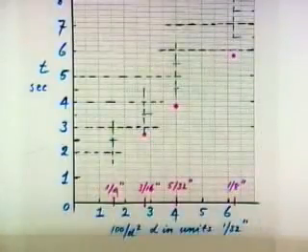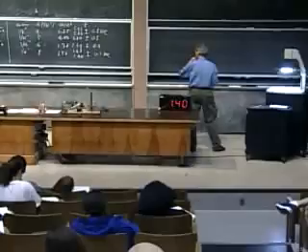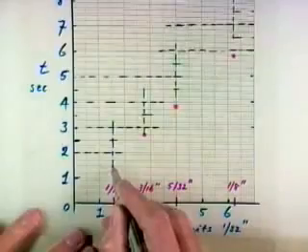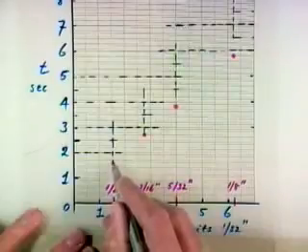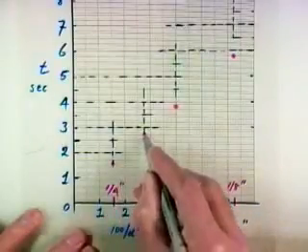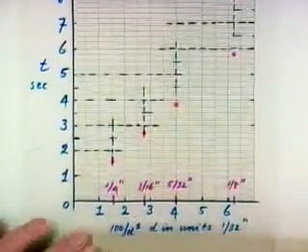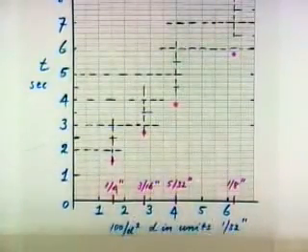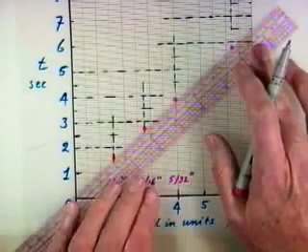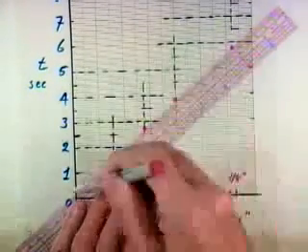Let's take the average, 1.55. 1.55 with an error of about 0.2 of a second, and this has an error of about 0.2 of a second. All right, there we go. Now, is this a straight line or is it not?